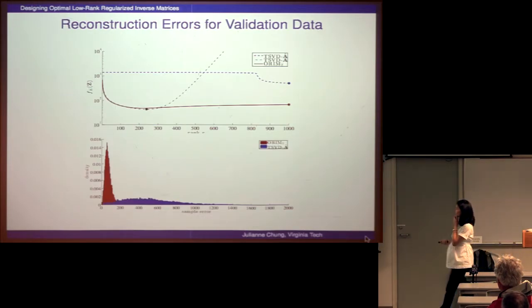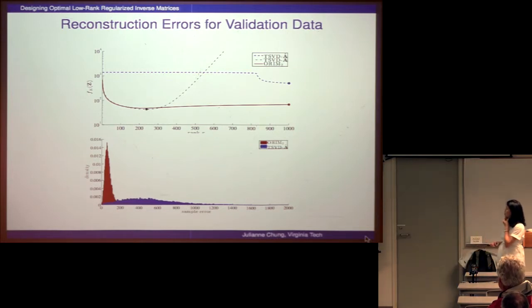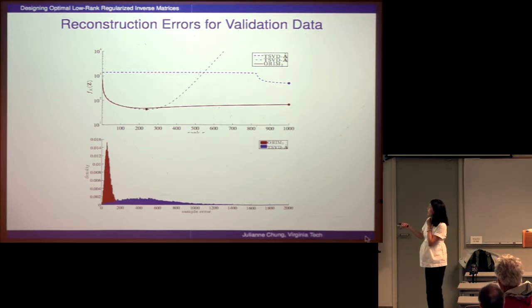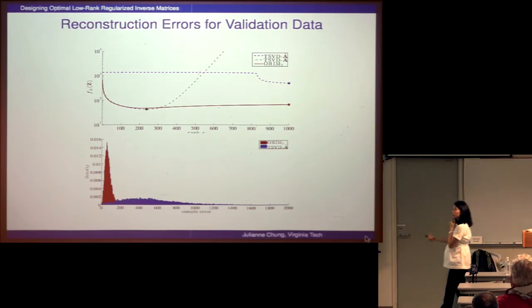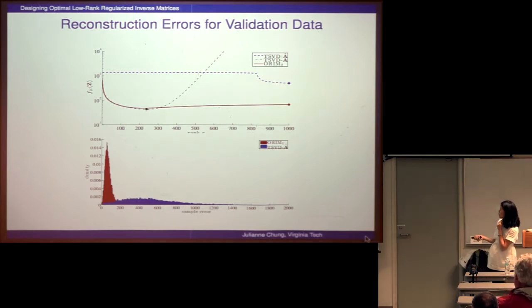Okay, so we look at the reconstruction errors for the validation data. This is the mean, the average reconstruction errors. And what you see is that, okay, the black line corresponds to TSVD. This does exactly what we expect, right? So for small ranks, you start to approximate the solution, and then as you include more of those small singular values, right, you start to pick up the noise.